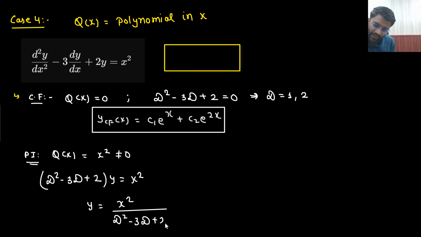Can I write d square minus 3d plus 2 in this way? x square upon (d minus 1) into (d minus 2). So basically my y is coming out to be 1 upon d minus 1 multiplied with 1 upon d minus 2 of x square.